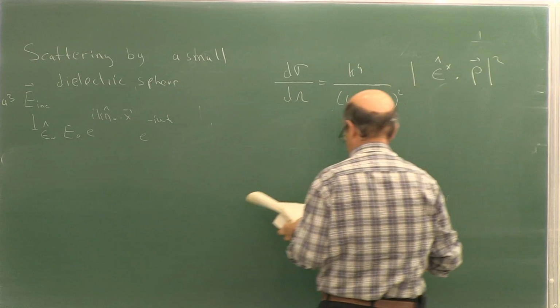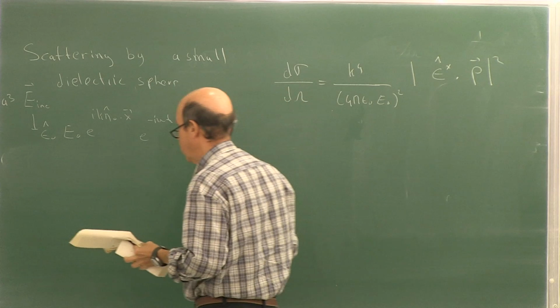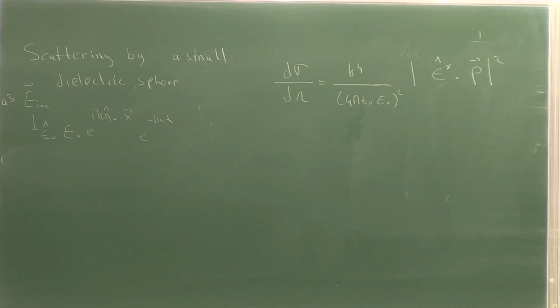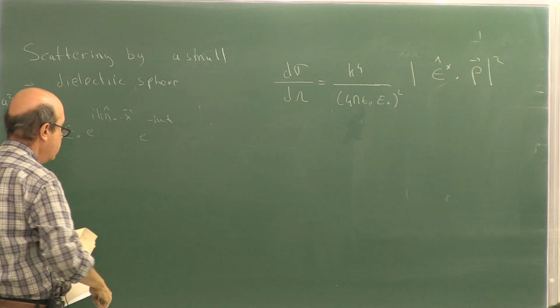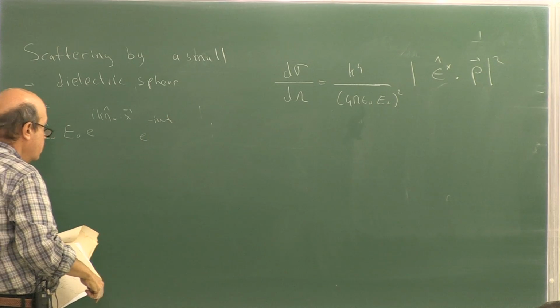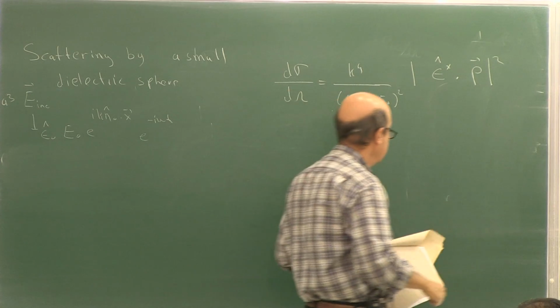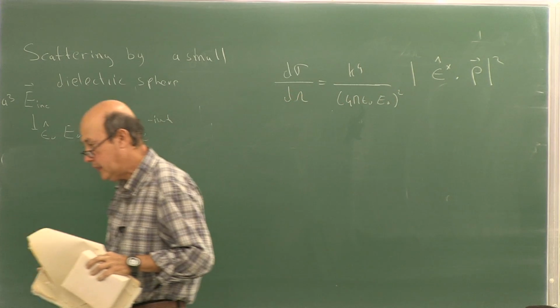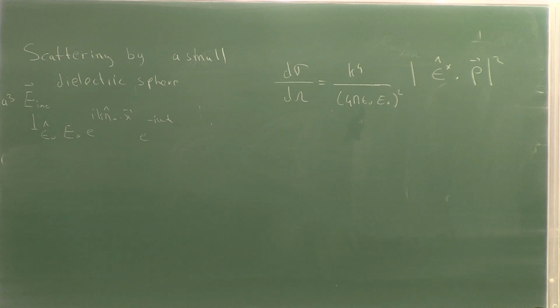Square. So let us go one more. Let us write one more time. If you plug the electric dipole moment over there, of course, we will put the space part of this because the time part is already taken into account in the calculation of the power emitted per solid angle, scattered power per solid angle.